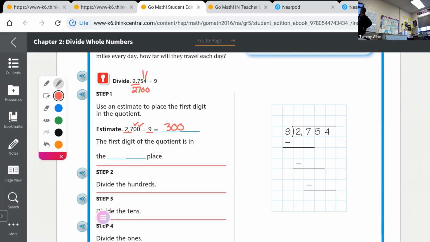If you need to put the X there to remind yourself that we're not using the 2, go right ahead. I hope eventually you don't have to use that X, because we don't start numbers with X. But if you need that as a reminder right now, then certainly do that. How many times does 9 go into 27 though? Let's just go with that.